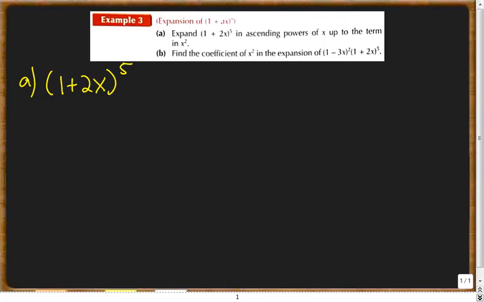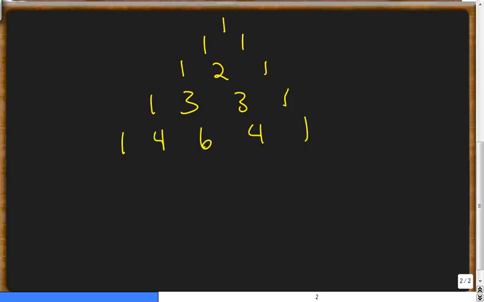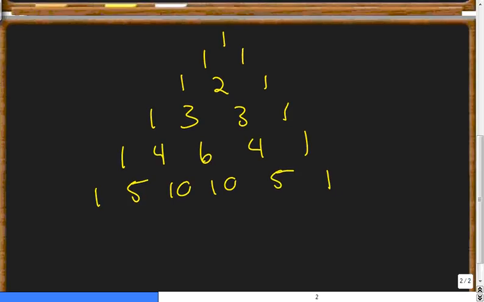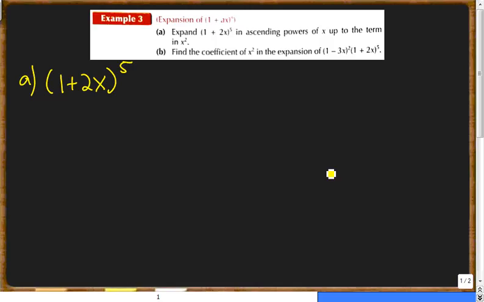What we again need to make sure we're looking at is our Pascal's triangle. We've got 1, this is to the fifth, so that's the first row, second row, third row, fourth row, fifth row. So we're using 1, 5, 10, 10, 5, 1.